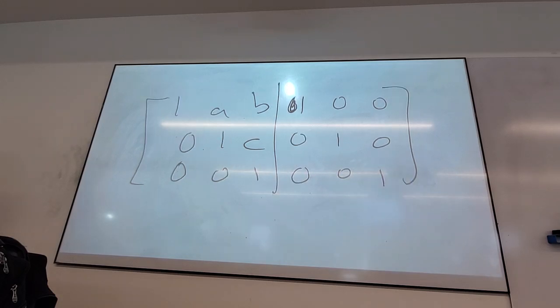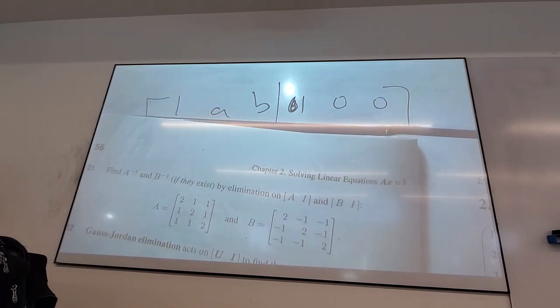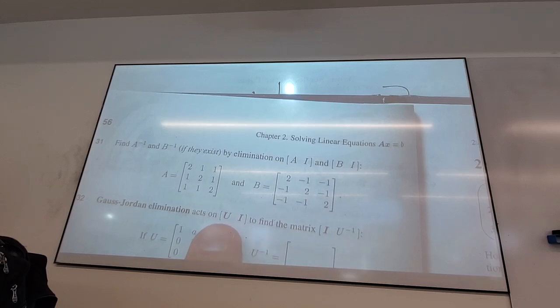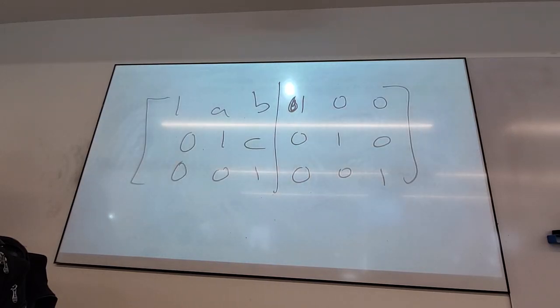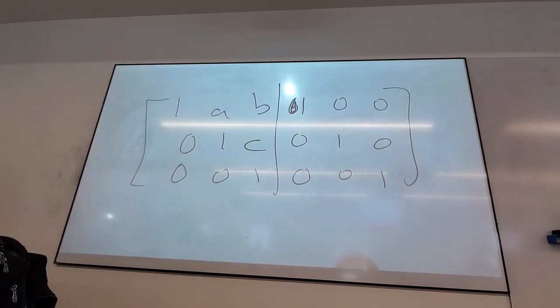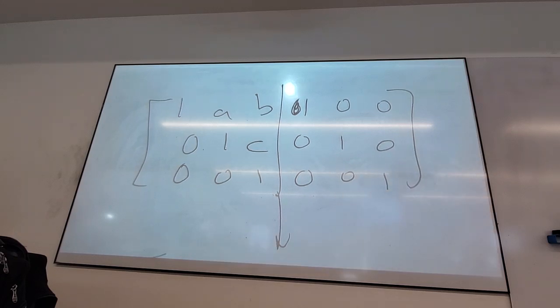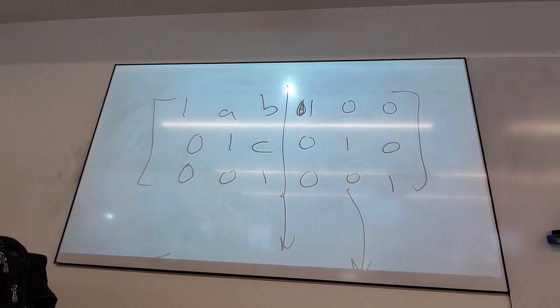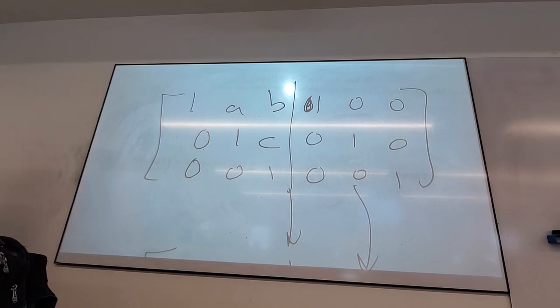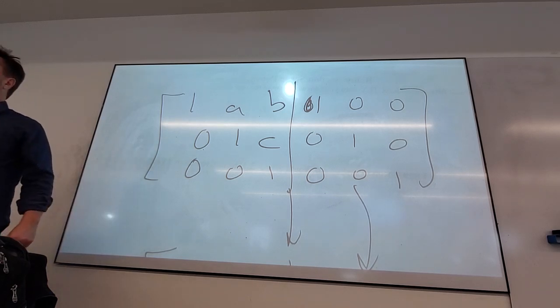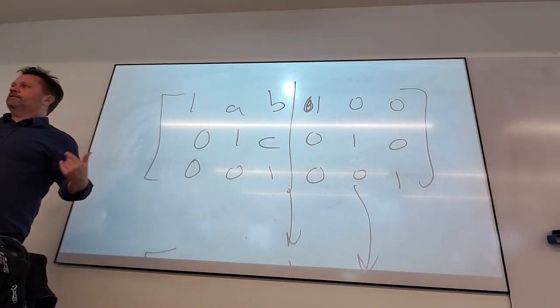That's what they mean by put U and put an I next to it. Now, row reduce this. When you get this side to be 1, 0, 0, 0, 1, 0, 0, 0, 1, whatever is here is the inverse. And that would be the answer. That's all they want, is just what's the inverse.